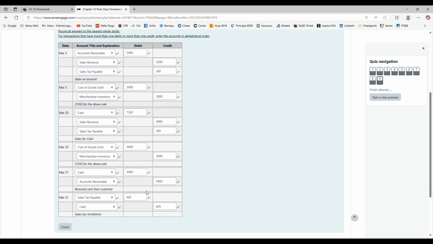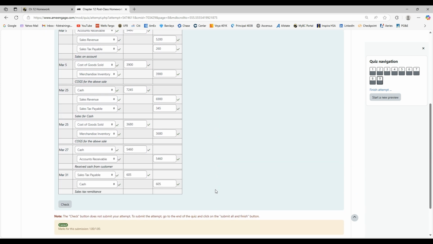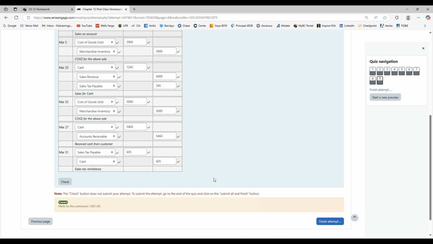But we also add in more of the real world nuance of things like sales tax payable, because that is very much a real thing that real businesses need to account for. If you don't account for it correctly, the government does not appreciate that. So job security for us accountants, basically.